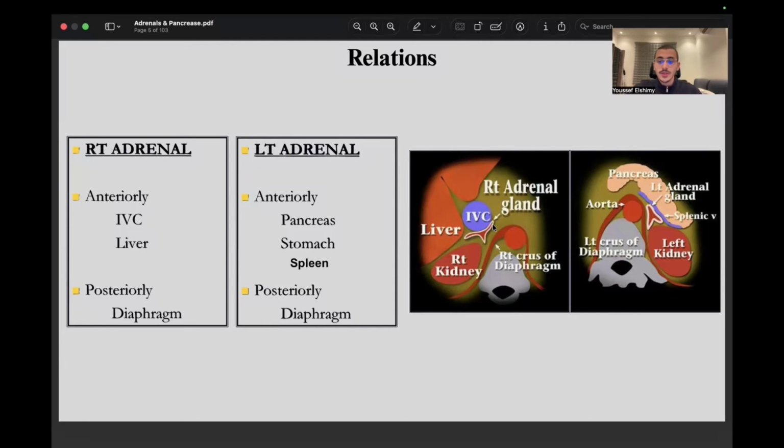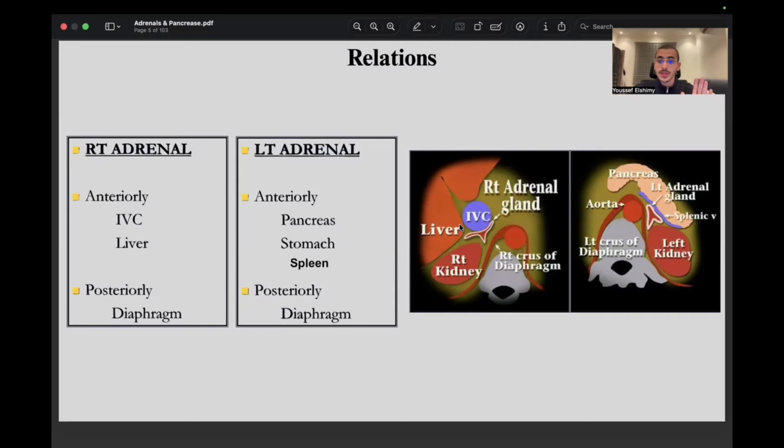And behind the right adrenal gland, you have the right crus of the diaphragm. So just to recap, you have the right kidney. On top of it, we have the right adrenal gland. Since it's a retroperitoneal organ, it's more towards the back. So in front of it, you have the IVC and the liver. Behind the adrenal gland, you have the right crus of the diaphragm.